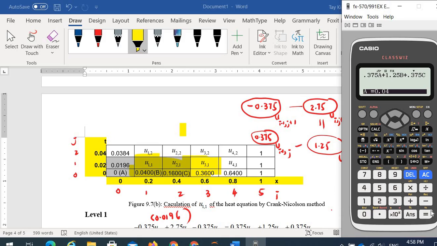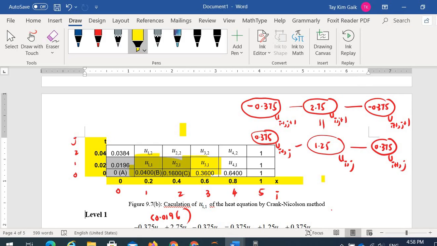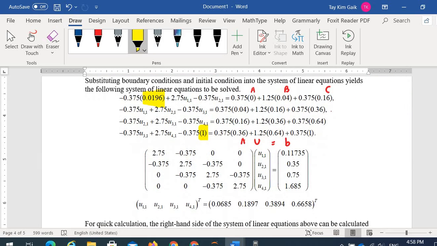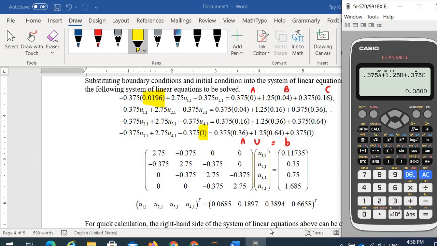So this will be the B value for the second equation, 0.35. Because you see, this is manual calculation. This one, where there is a negative 0.375, is collected into the vector B in the first row. So you get 0.35. And then calculate again.